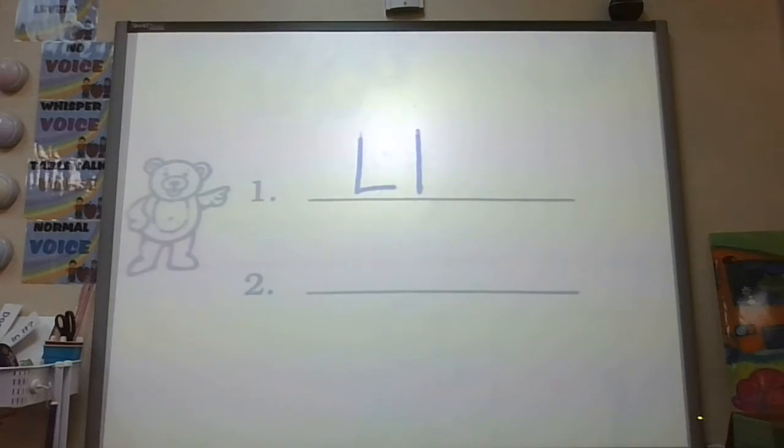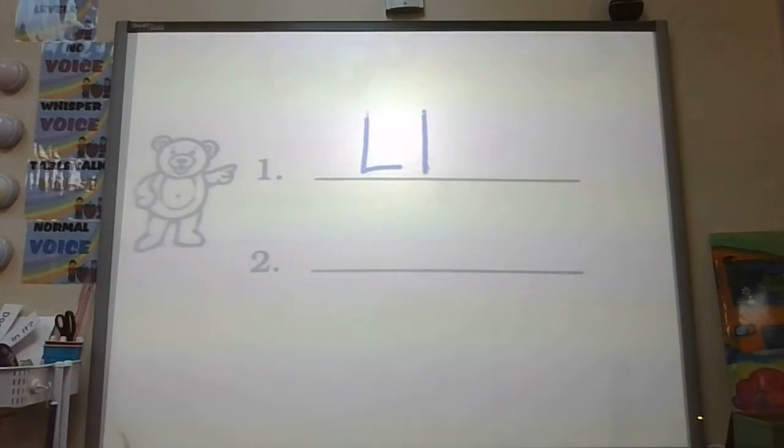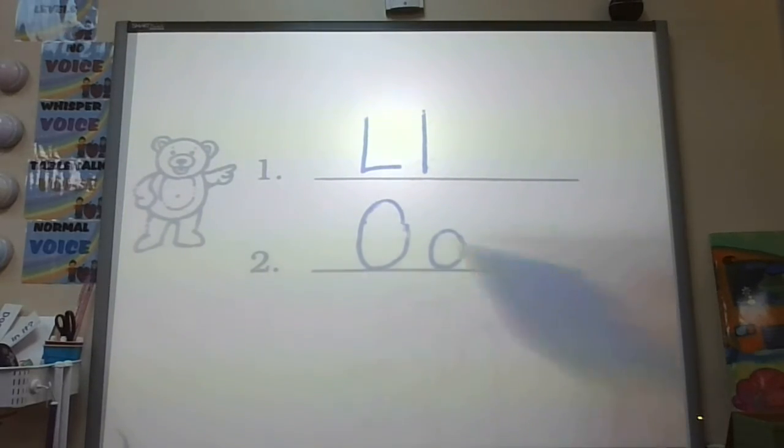Okay. Line number 2. Your sound is ah. What spells ah? O. We're going to write our very best uppercase O, lowercase O. When we write our letter O's, do they start on the bottom?